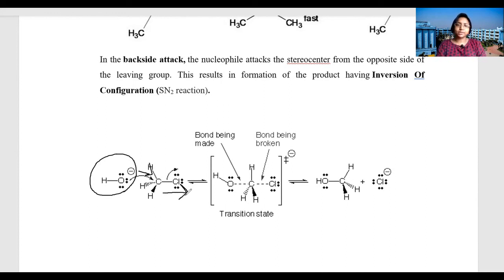As a result, you can see the umbrella shape, the configuration, undergoes inversion. So our umbrella is in this direction, but now it is in the reverse, opposite direction.